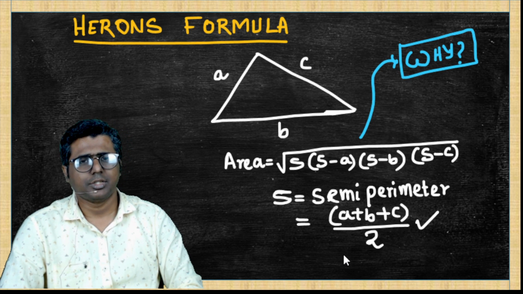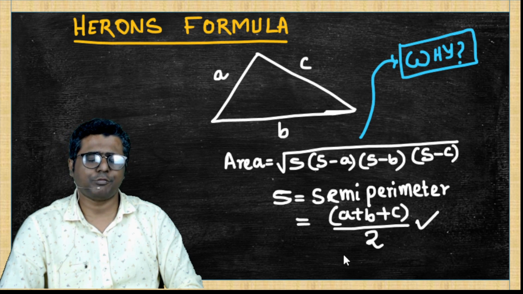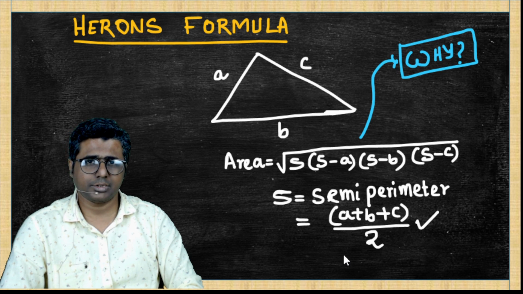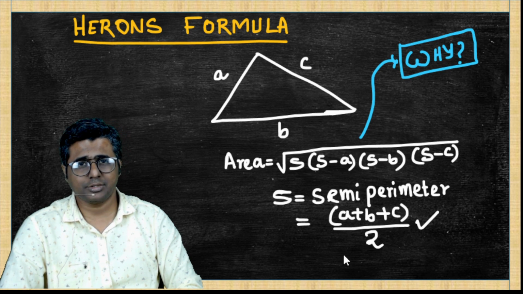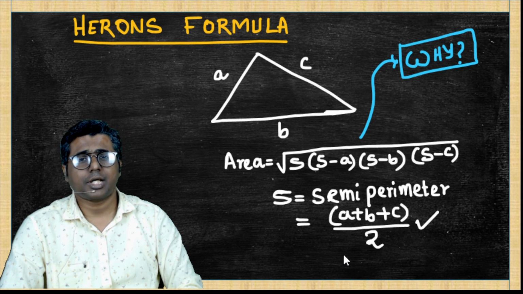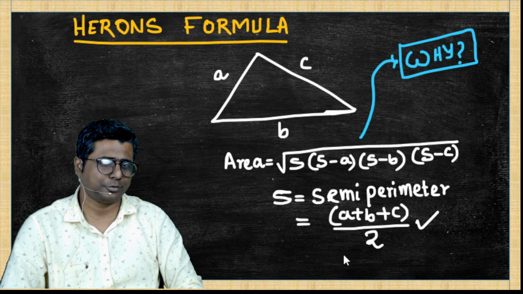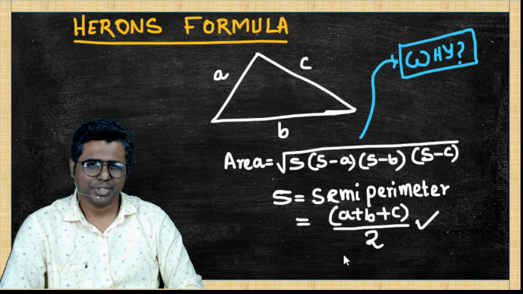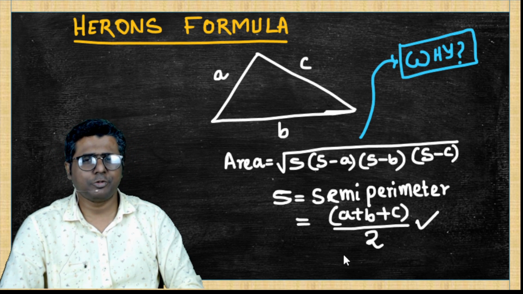In this derivation, or rather proof, of Heron's formula, you are going to use various mathematical tools like Pythagoras theorem, the concept of expansion, the concept of factorization, and also half into base into height. That also will be used over here. So let us not waste time and get into the very beautiful proof of Heron's formula.